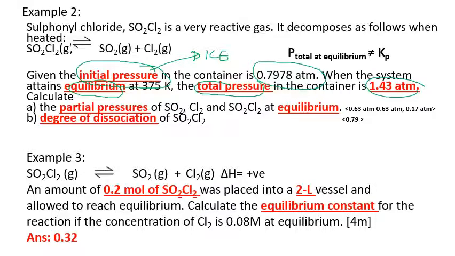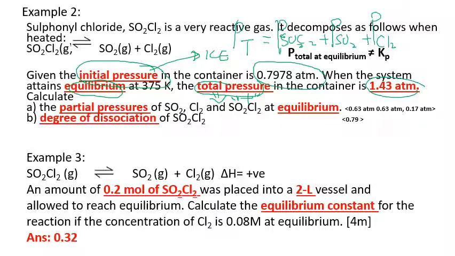So here is just a reminder. From the word total, we know the mathematical operation is addition. So what gases will be at equilibrium? Sulfonyl chloride is available, sulfur dioxide is also available, and chlorine is also available. So we have to add the partial pressures of these three gases to equal P total.